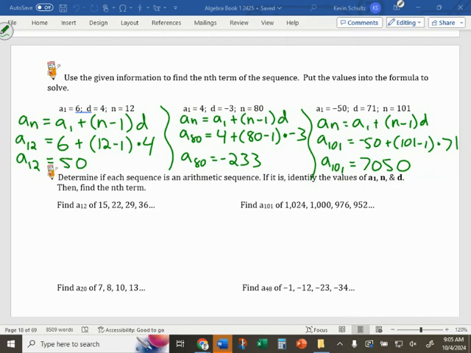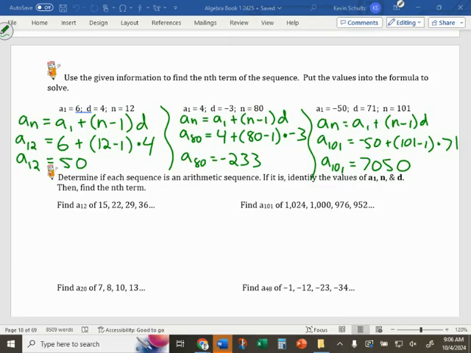That's why 101 also goes in for the n here. Because what we're saying here is we want to start at negative 50 and then add 71 100 times. That'll bring us to the 101st term. So that common difference, that pattern 71, goes in for D after the parentheses. This tells us we're essentially adding 7100 to negative 50. Oh, yeah, that makes more sense.